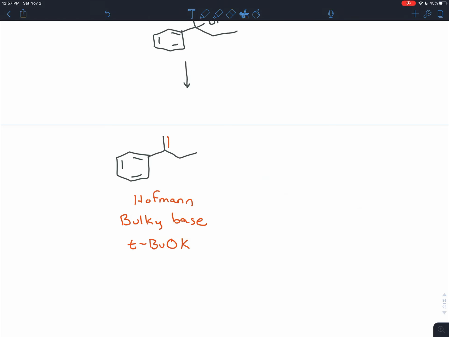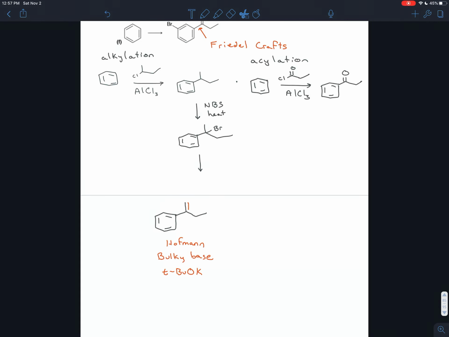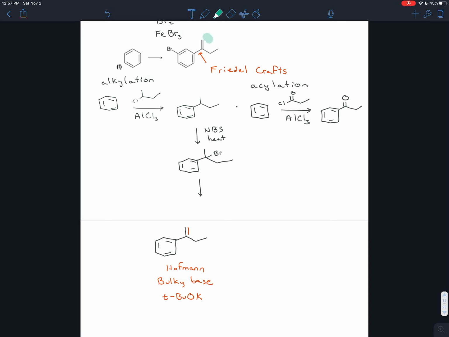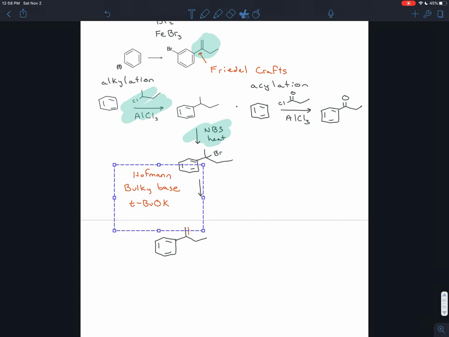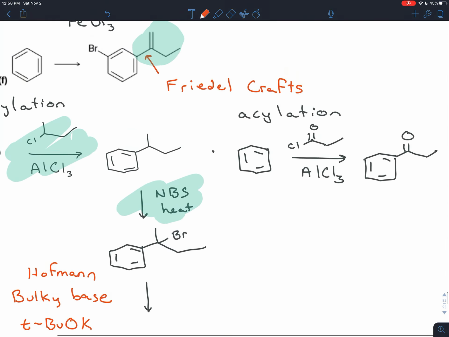Okay, so there are two steps here that you can do. You can either do this if you're trying to get this branch: a Friedel-Crafts alkylation followed by NBS and heat, and then potassium tert-butoxide. Or you could do Friedel-Crafts acylation.